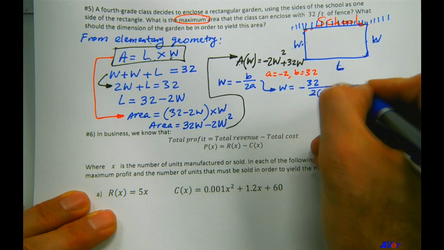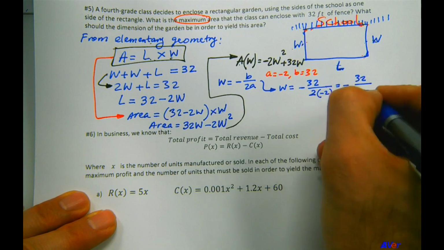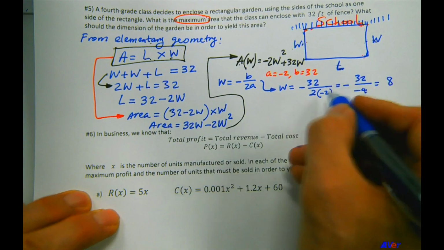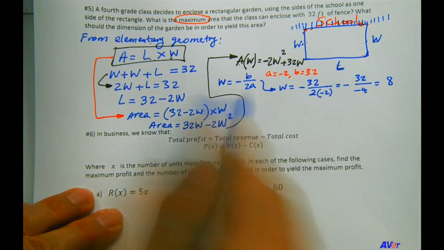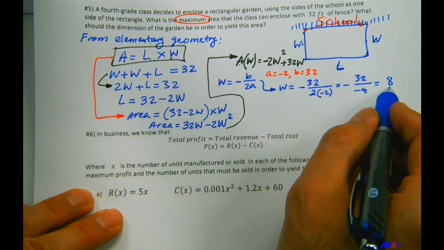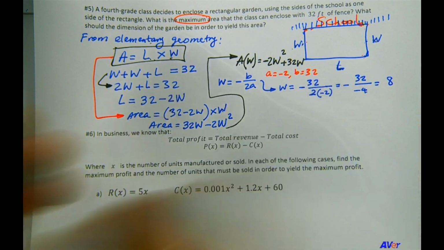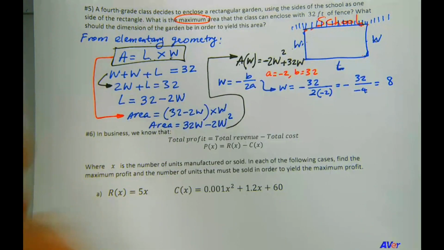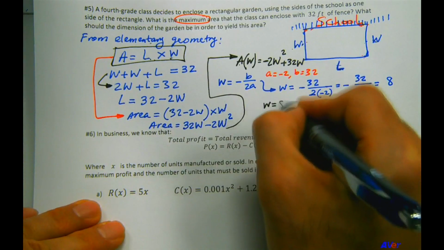So we get minus 32 divided by minus 4. Minus minus is positive. 32 divided by 4 is 8. So the dimension W at maximum is 8 feet. So let's write that down. W equals 8.